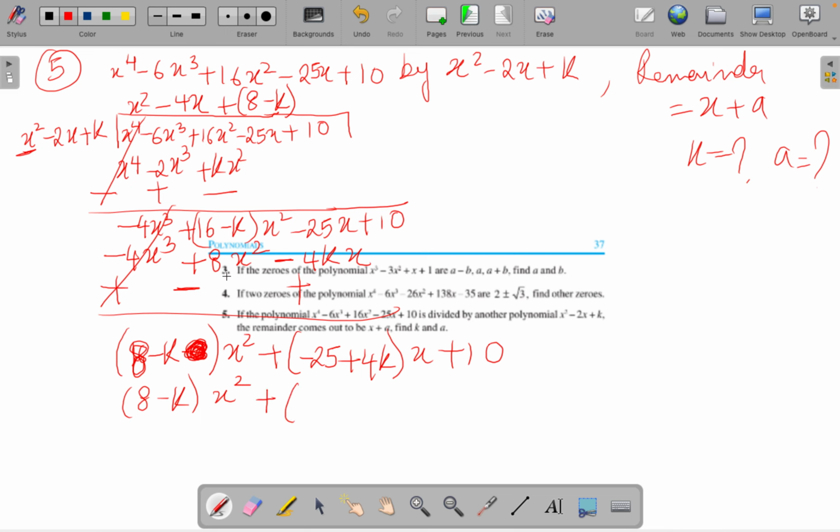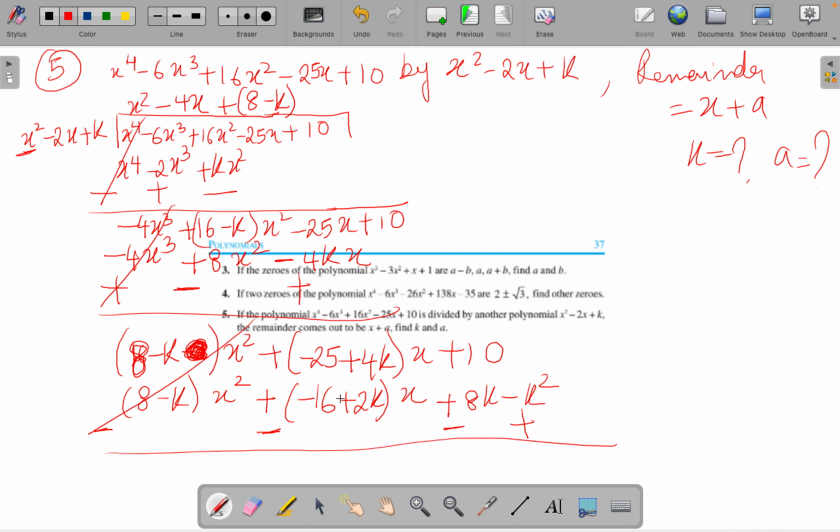plus minus 2 into 8 is minus 16, minus 2 into this is plus 2k x, and this is plus 8k minus k square. Again let's change the sign, minus minus minus plus.